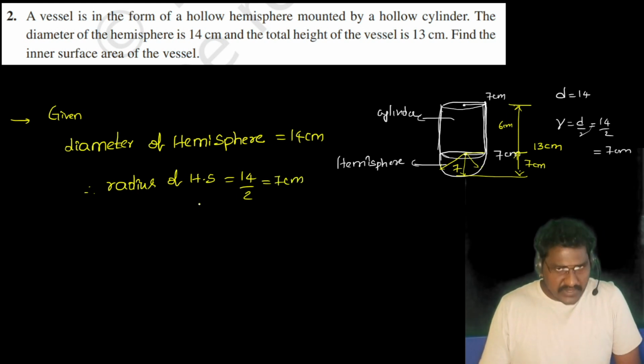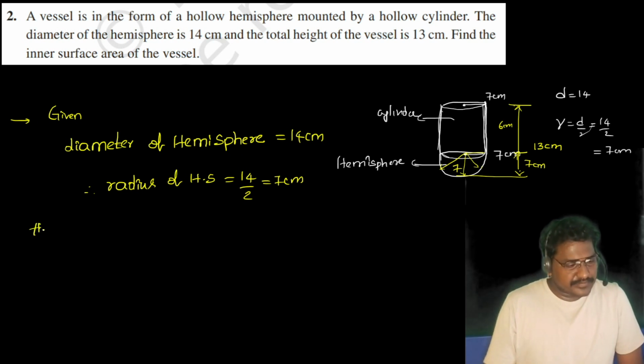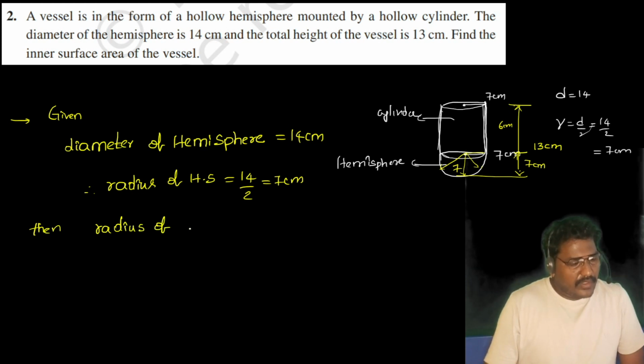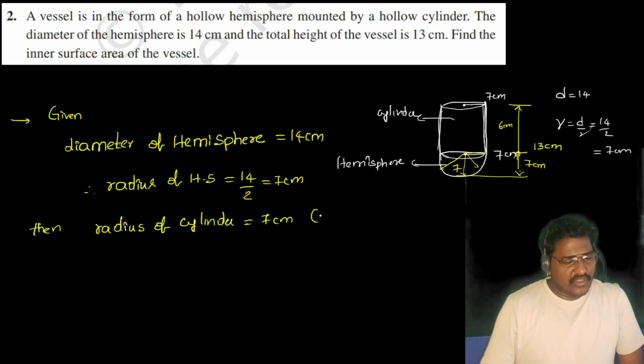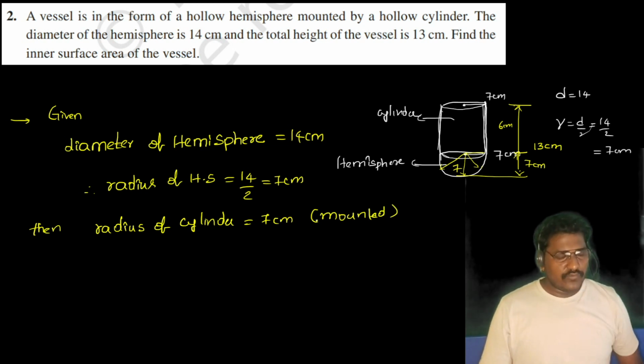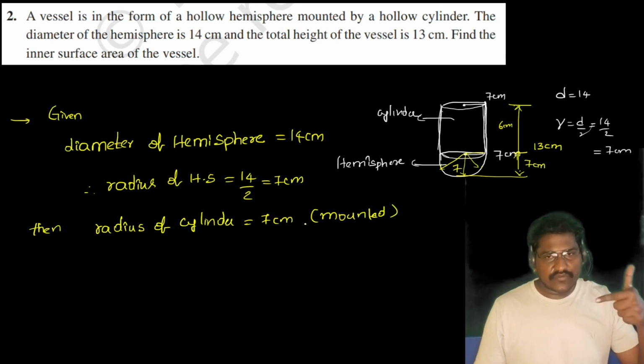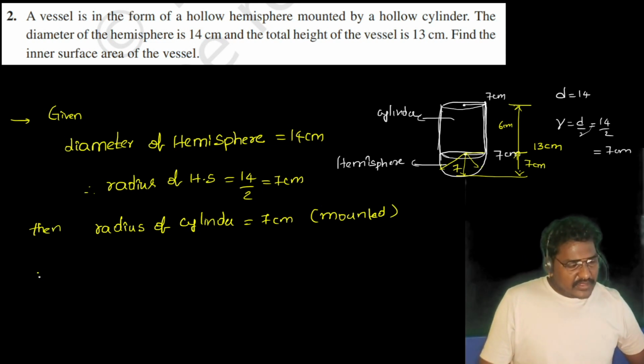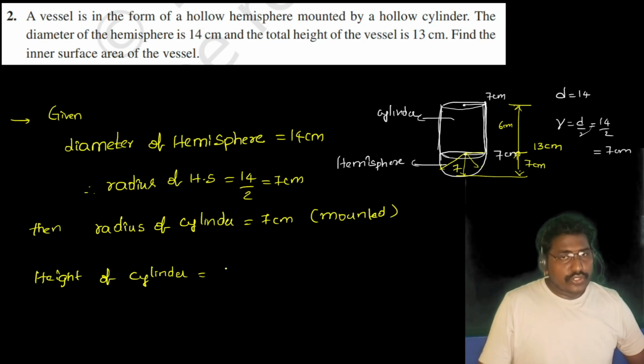If radius of hemisphere is 7 centimeter, then radius of cylinder is also 7 centimeter because it is mounted, common radius. Now we know radius of hemisphere and also radius of cylinder. Now see here, height of cylinder is equal to total height of vessel 13 minus radius of hemisphere 7, so it is equal to 6 centimeter.